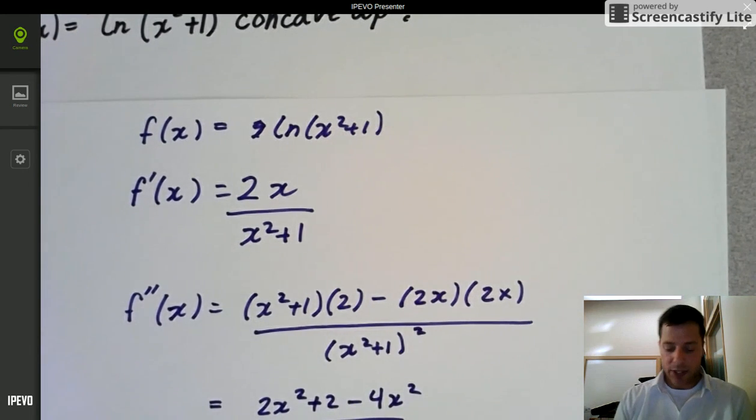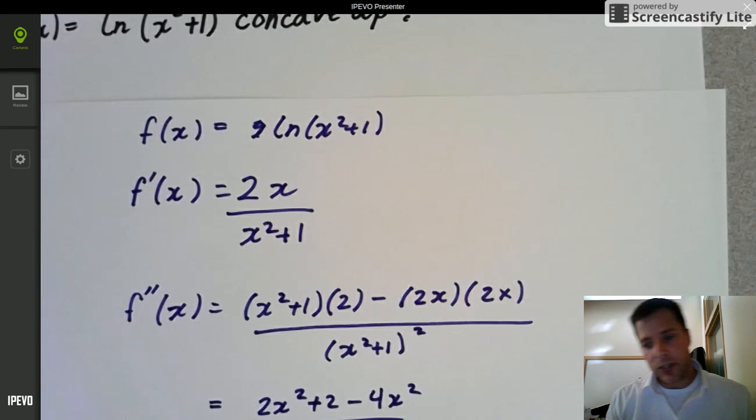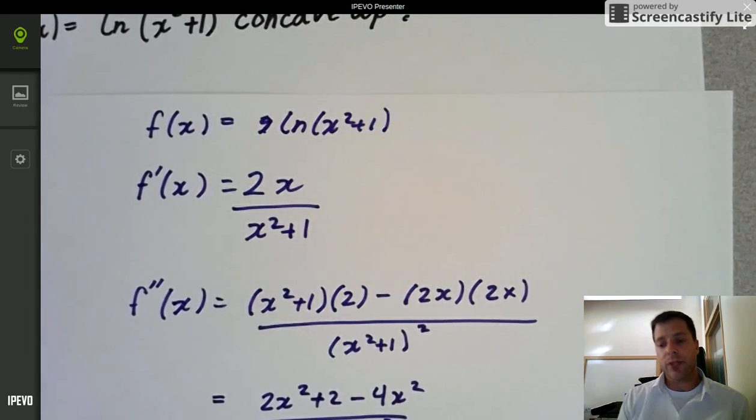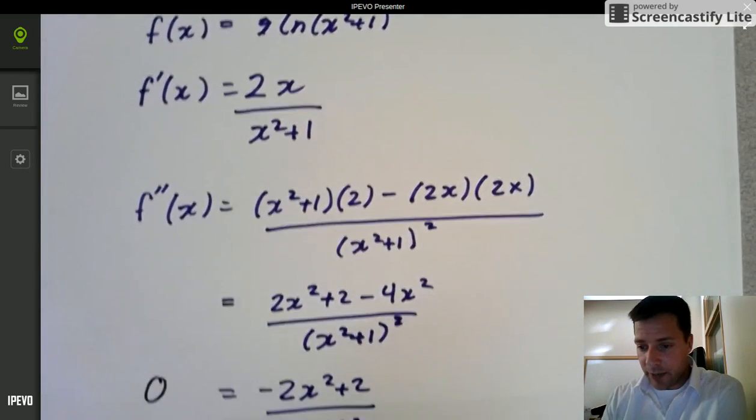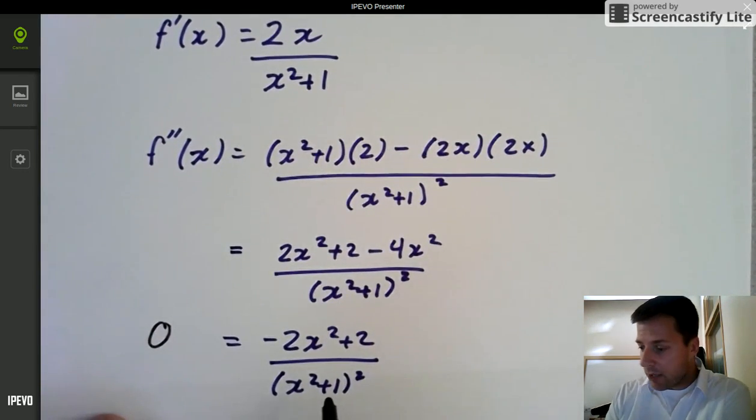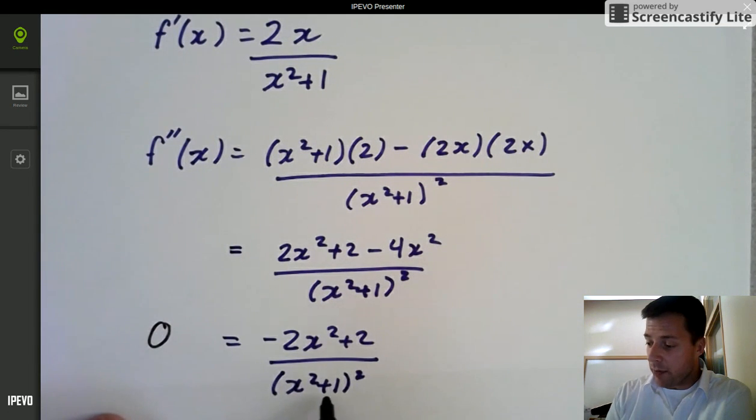Now, here's the thing. When we talk about concavity, about points of inflection or possible points of inflection, I actually have to set my fraction equal to 0. Now, the beautiful thing is the denominator here is never going to be 0, because it's x squared plus 1, it's shifted up, so it doesn't cross the x-axis.